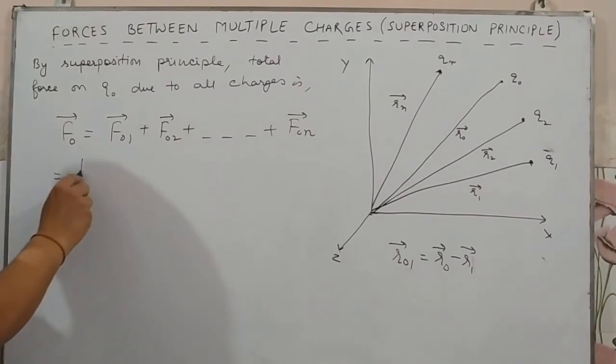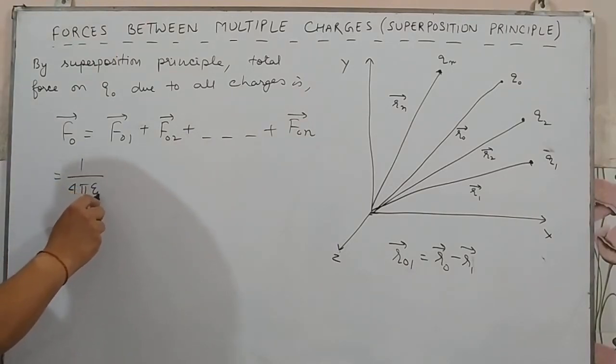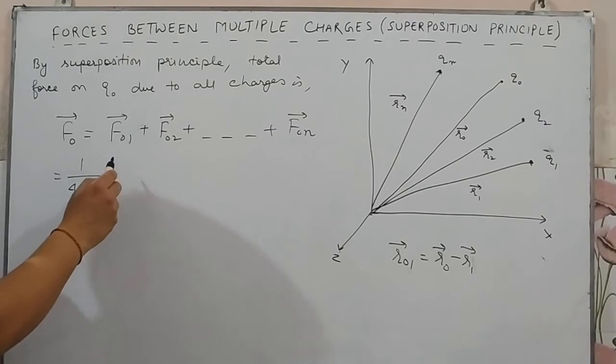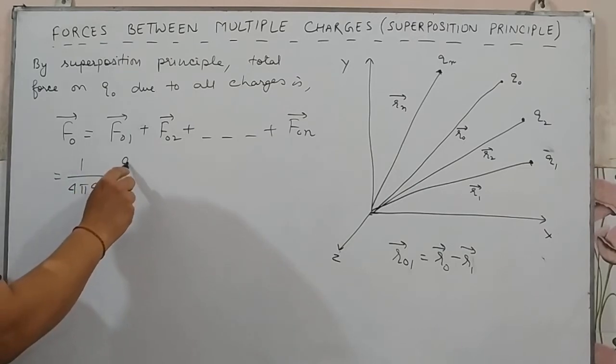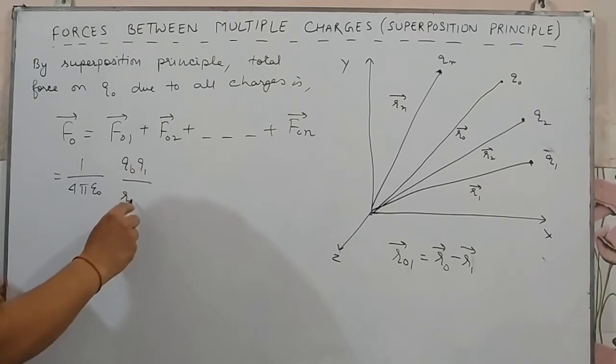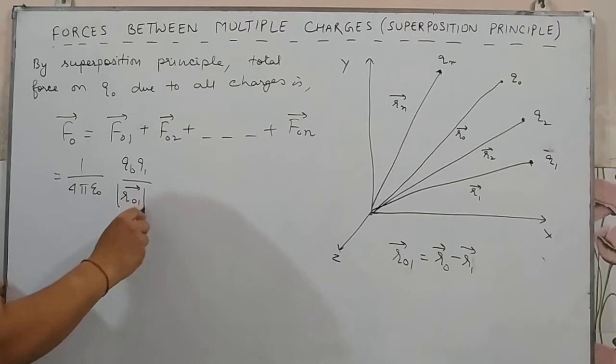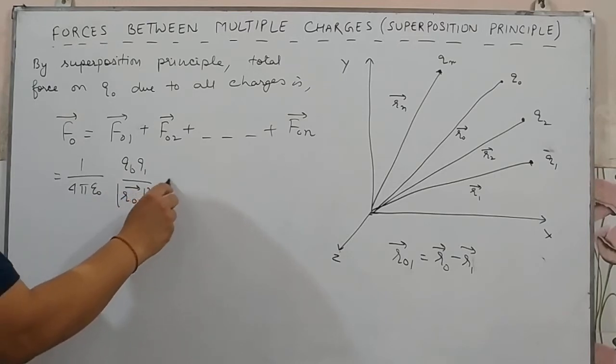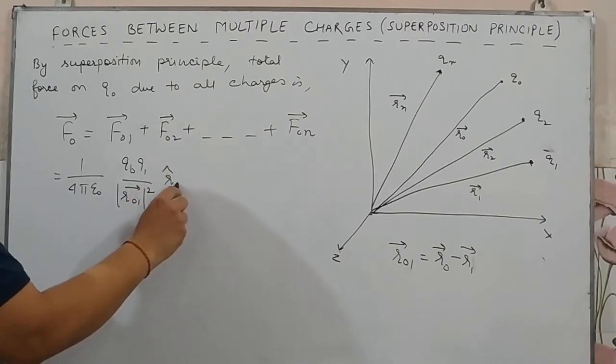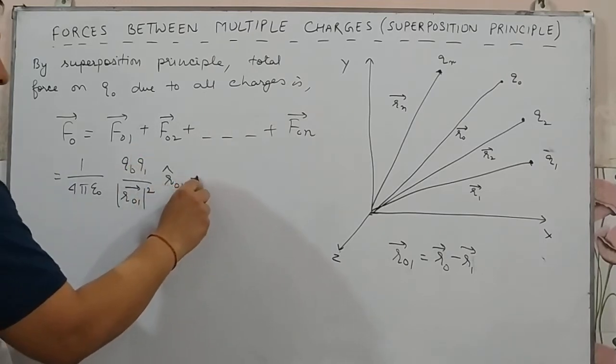Writing the expressions, we have 1 upon 4 pi epsilon naught Q0 Q1 divided by R01 squared times the unit vector R01.